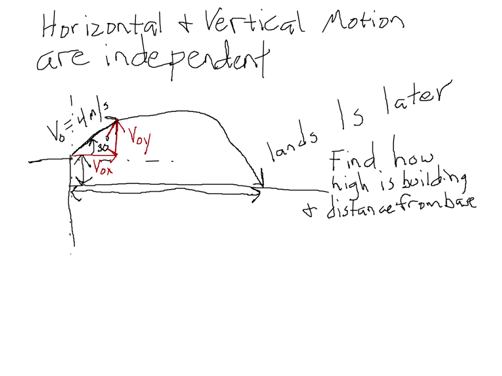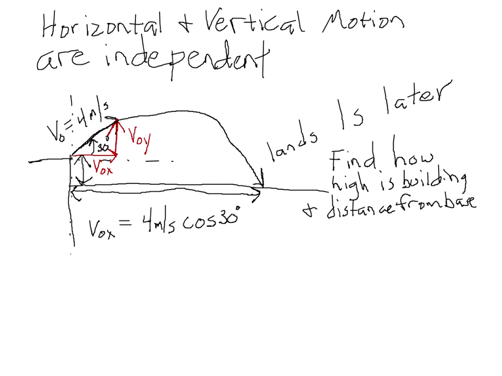So we have v0x is equal to 4 meters per second times the cosine of 30. The cosine of 30 is about 0.87.